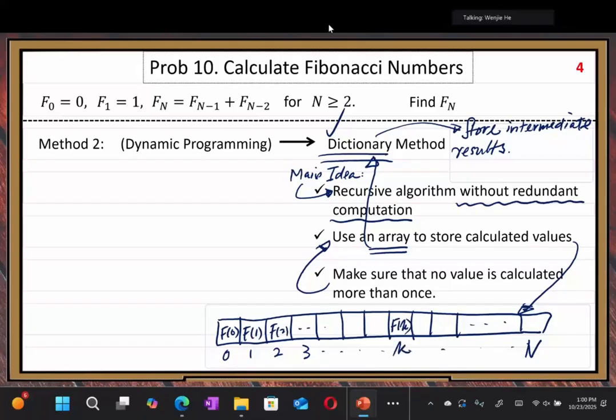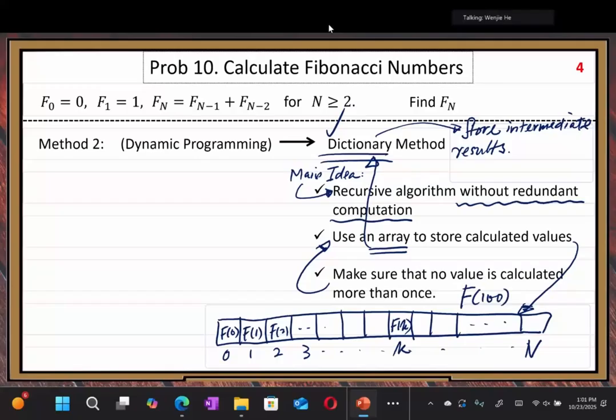Now, next round, because we need to do our recursion iteration by iteration, in the current round we need to calculate a certain number, let's say f of 100.